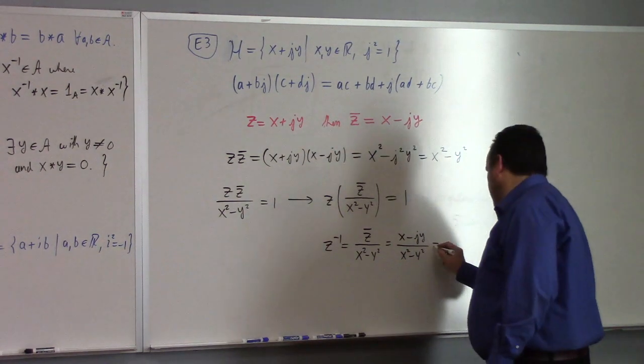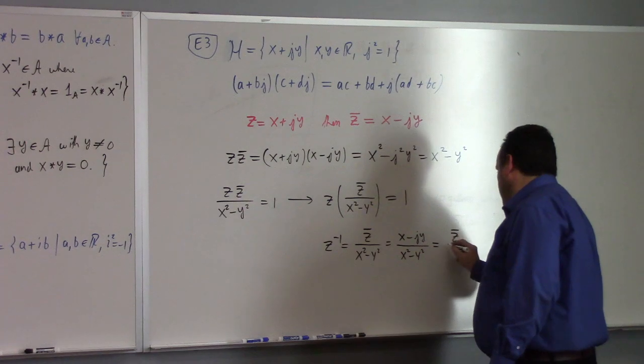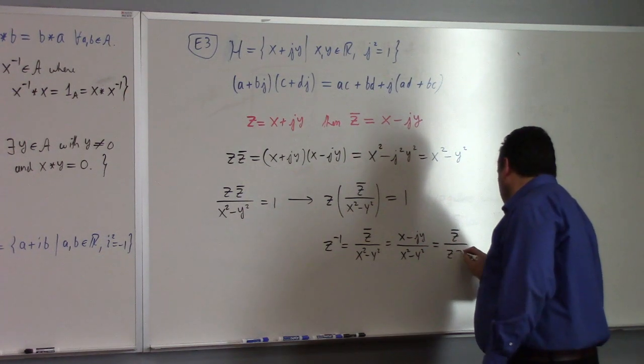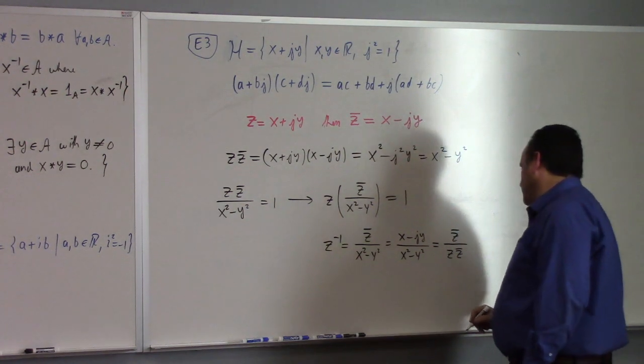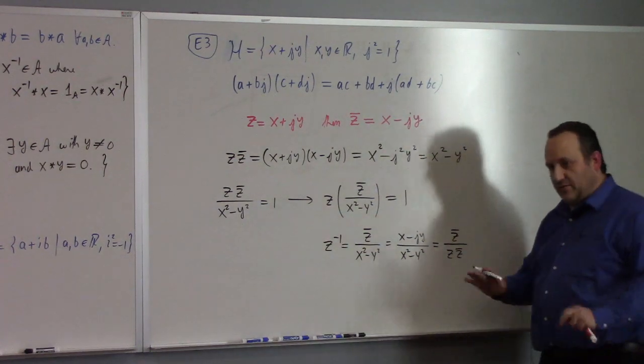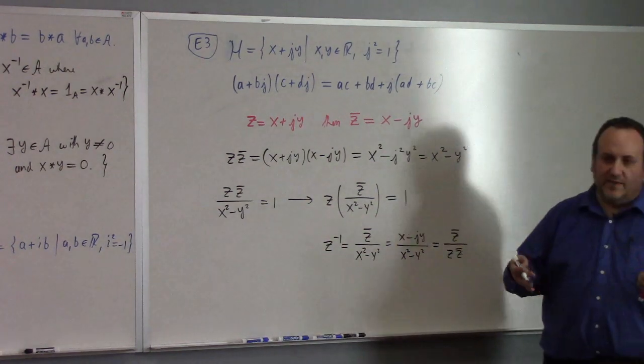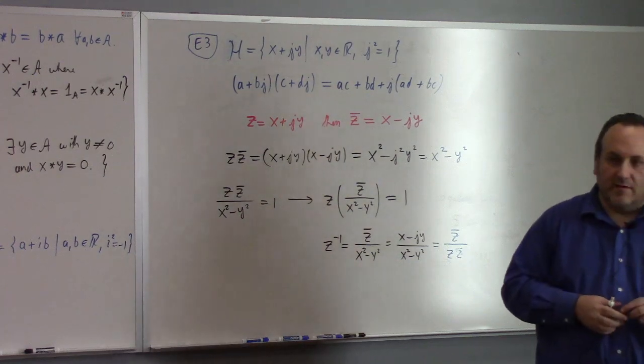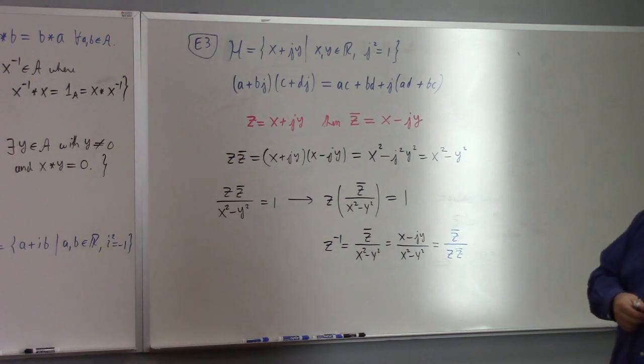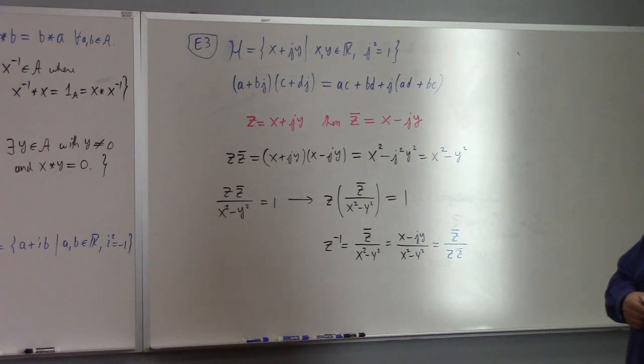Now, I don't know if you know this or not, but this is the same way we find the reciprocal of a complex number. To calculate the reciprocal of a complex number, you simply take the complex conjugate, and you divide by the product of the complex number and its conjugate, right?